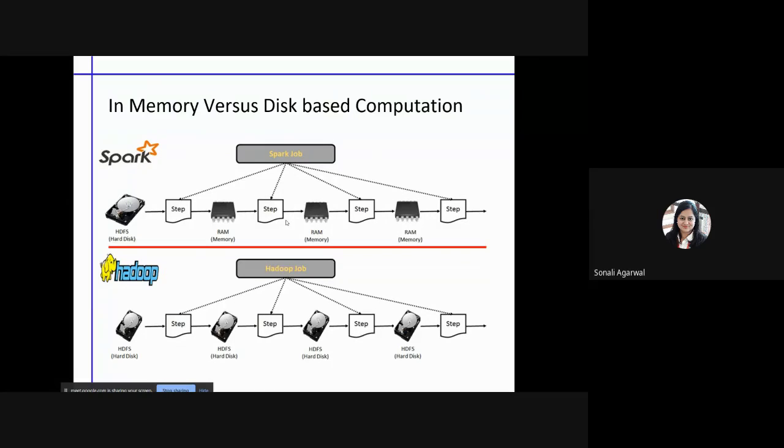This is basically disk based computation. Here we have ample secondary memory, disk memory available, and we can maintain a repository of any size, so there is no limitation in terms of maintaining the repository of documents.